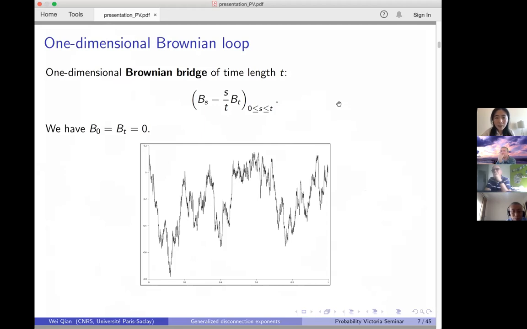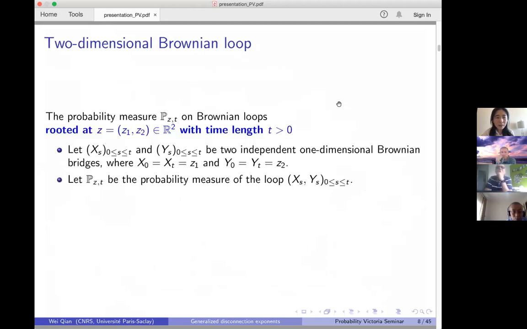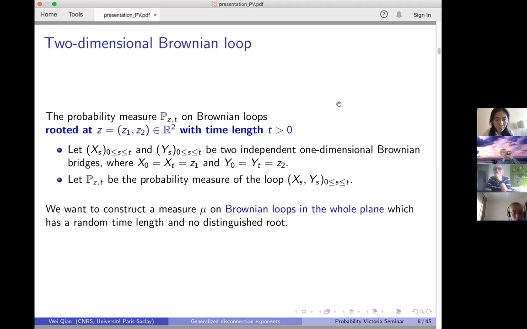And then in dimension 2, you first fix a root point z in the plane and a time length t, and then you just put two independent Brownian bridges on the two coordinates, and then you get a two-dimensional Brownian loop, which is rooted at point z and with time length t. So this is very easy to understand.